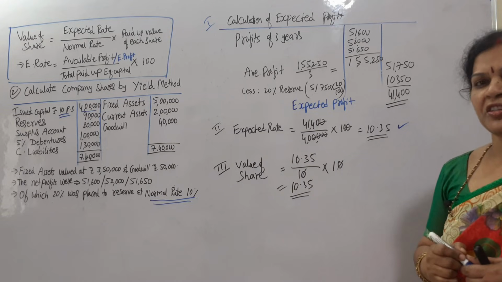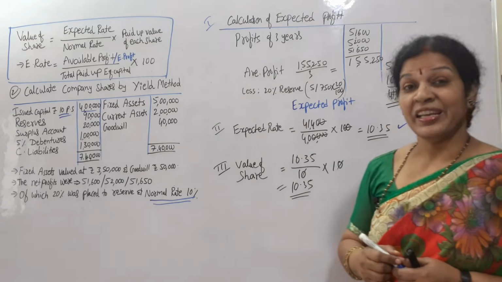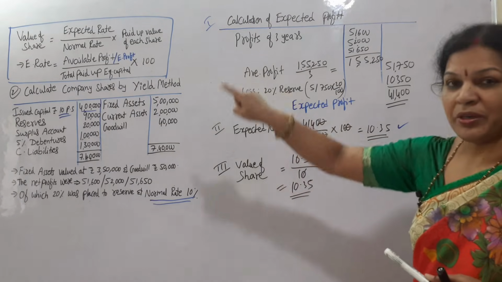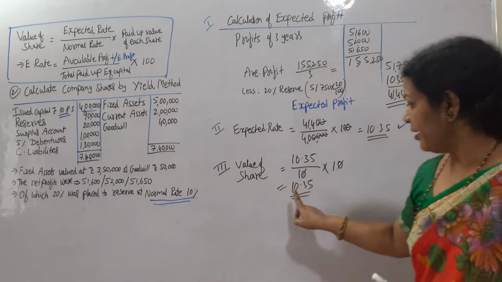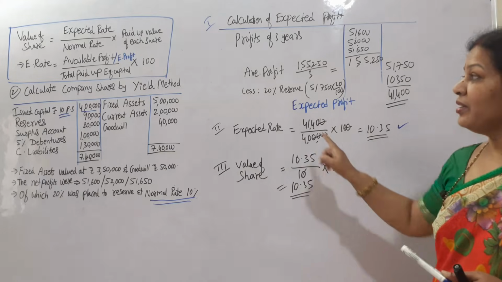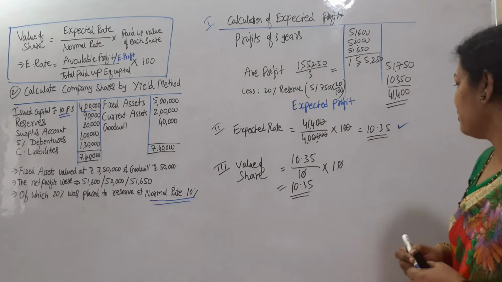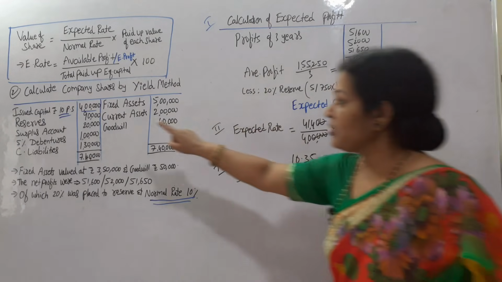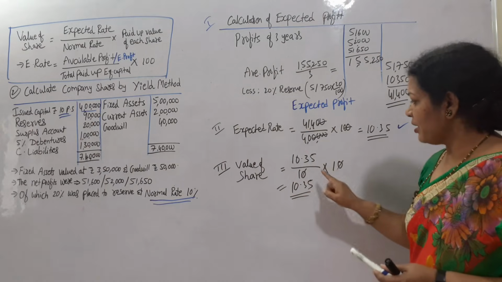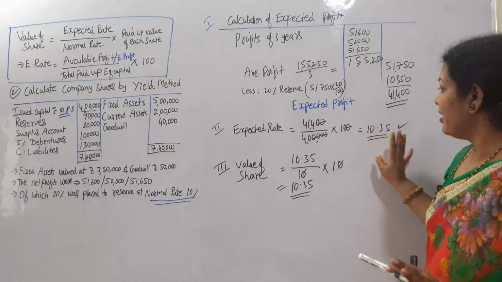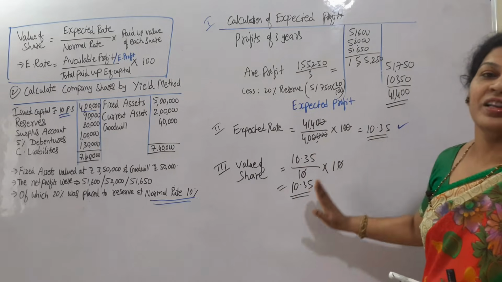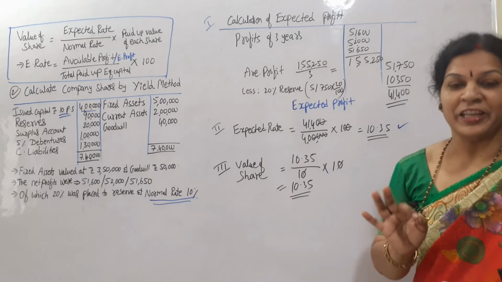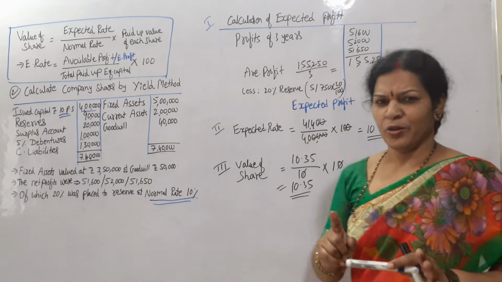Now to value the shares, the main formula is expected rate, 10.35, divided by normal rate, 10 into 100, into the paid up value of each share, which is 10 rupees. The 10s cancel, so with expected rate 10.35 you get the value per share as per the yield method. That's all. Simple. Hope it is clear.